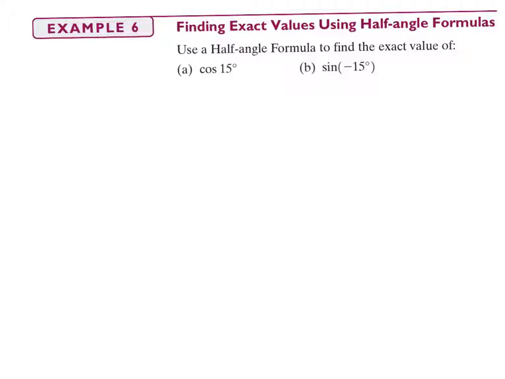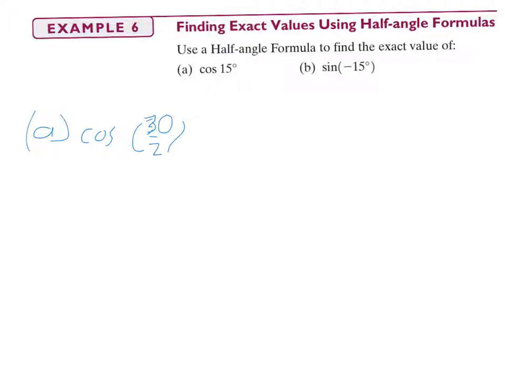Alright, here's one way we would use the half angle formulas. Cosine of 15 degrees for part A. We know that would be 30 over 2. I don't know why I wrote 3 theta, it's supposed to be just 30 over 2.